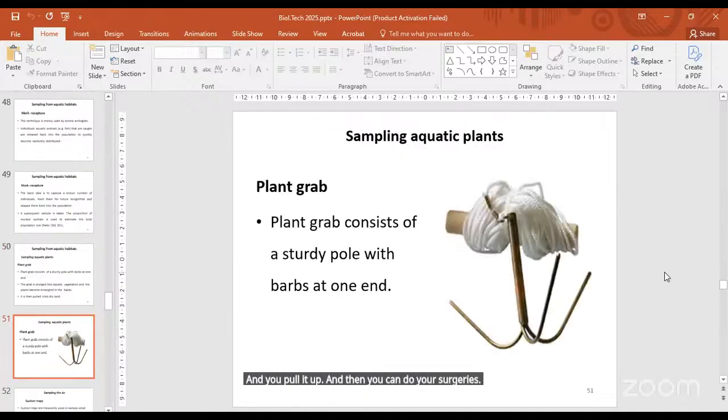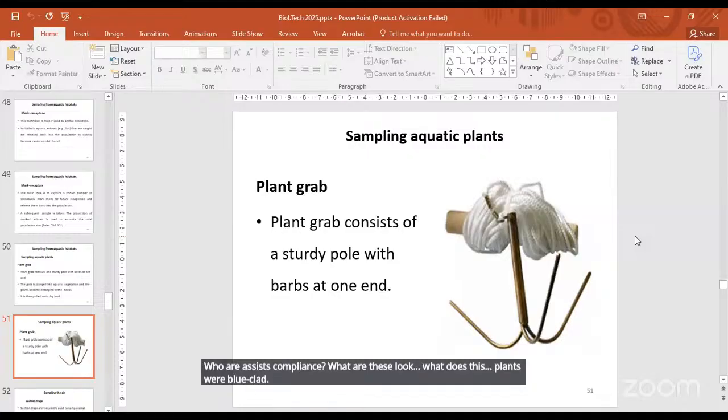If you are in the class now, what does this thing look like? For those of us who are street compliant, what does this plant grab look like?